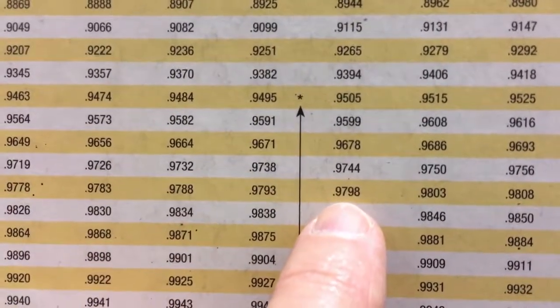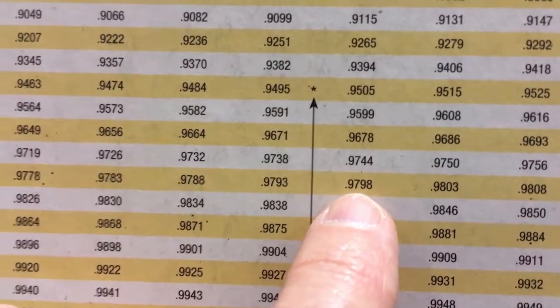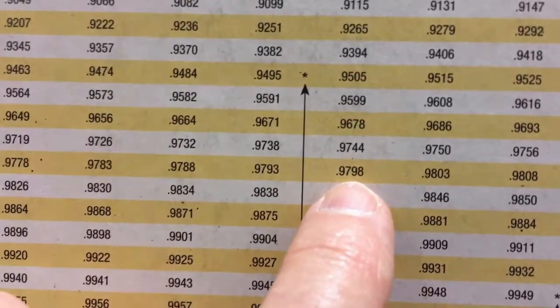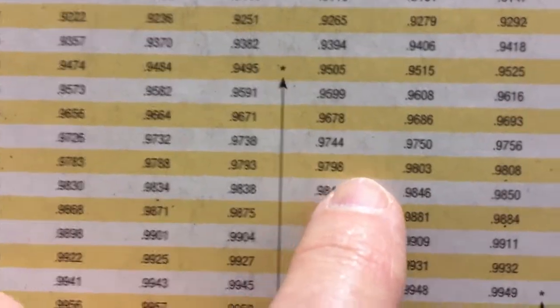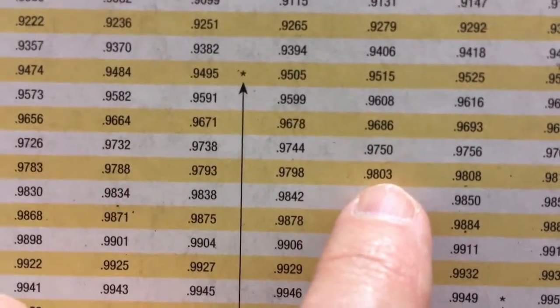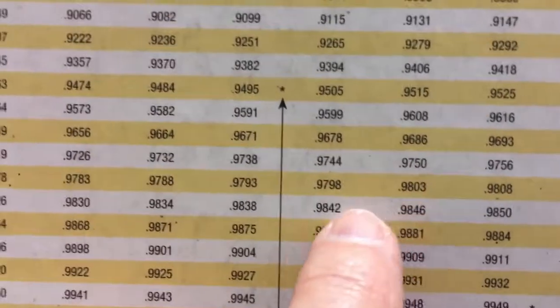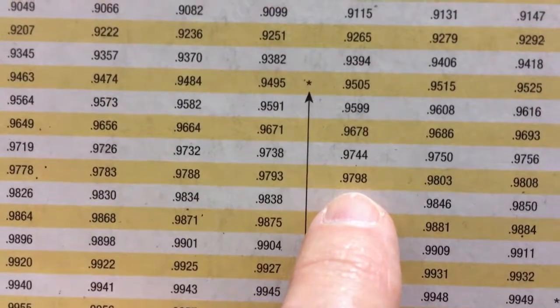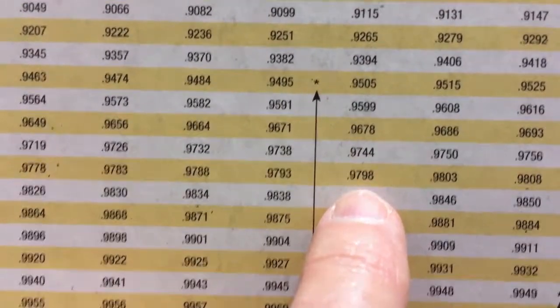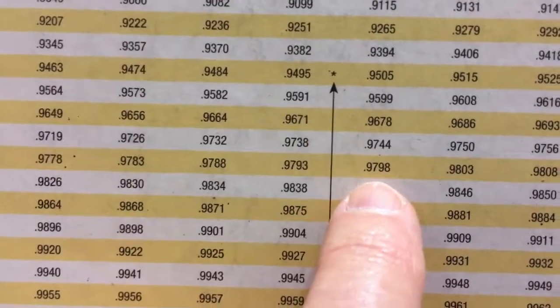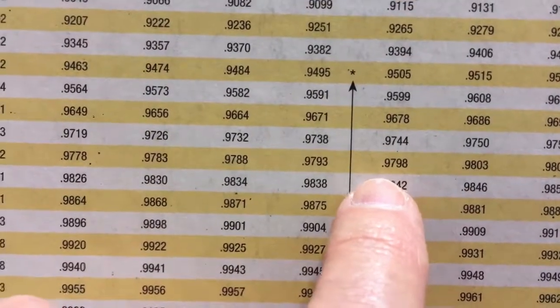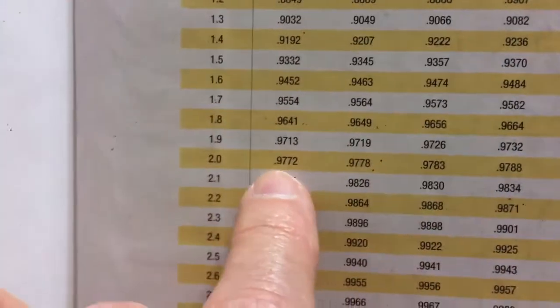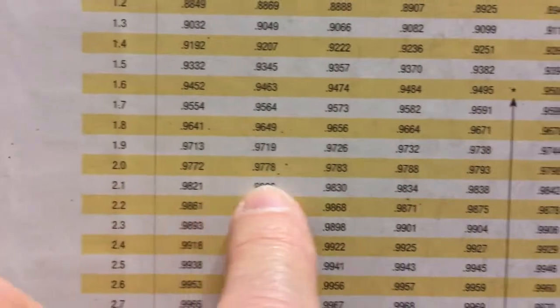I'm looking for 0.98. This one is 2 10,000ths away. This one is 3 10,000ths away. So I'm going to go with this one, which is just 2 10,000ths shy of 98. So when I go to the left of that value along the yellow line, I get 2.0.